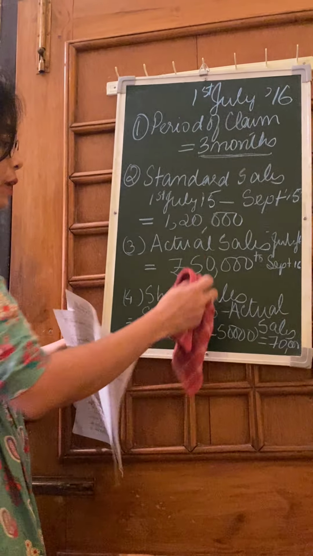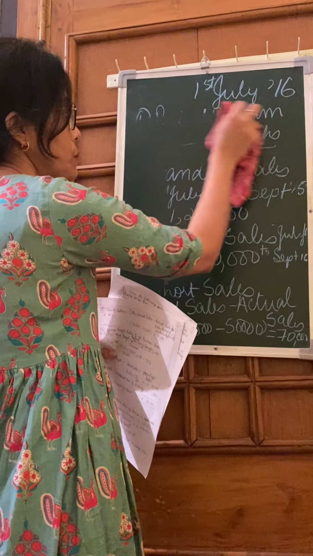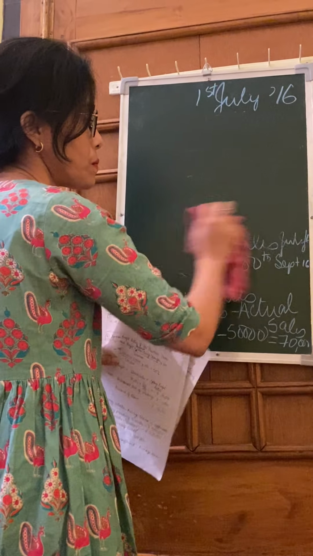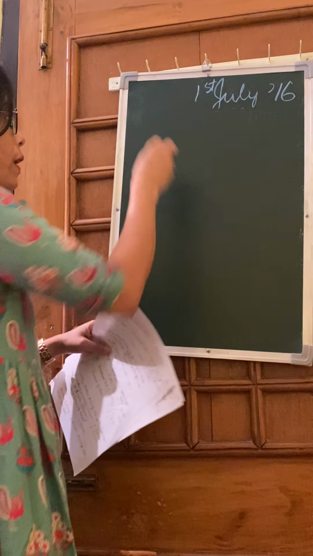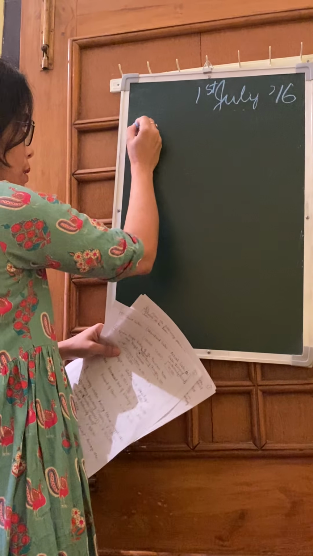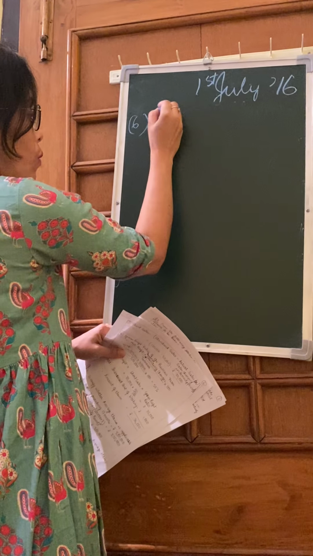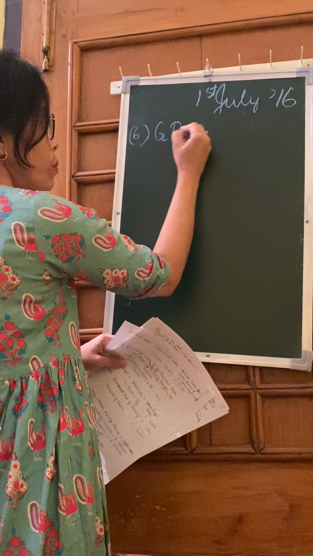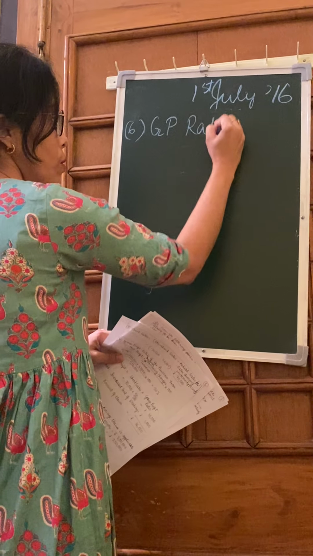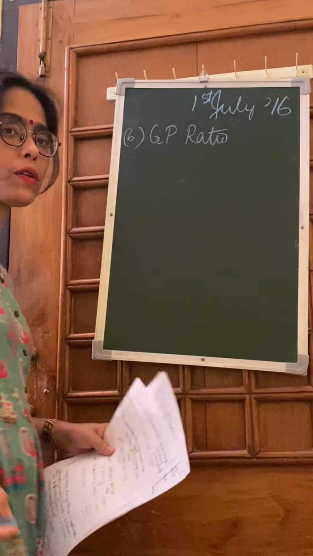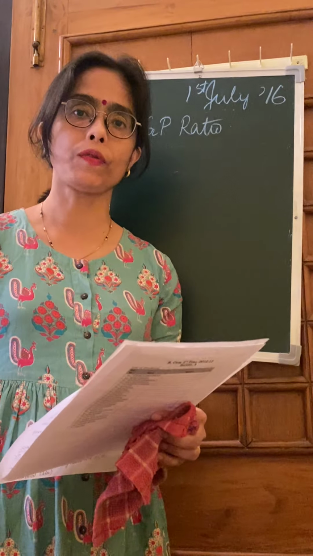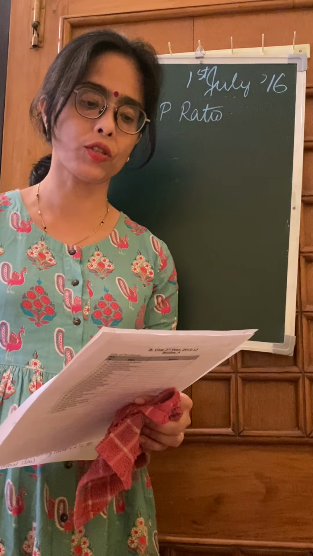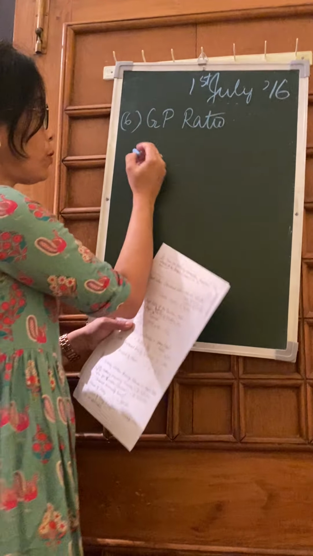Now next, number 6, we have to find out what our gross profit ratio is. This gross profit ratio is our profit rate in the previous year. Gross profit ratio which we calculate is always in relation to the previous year. How do we calculate?